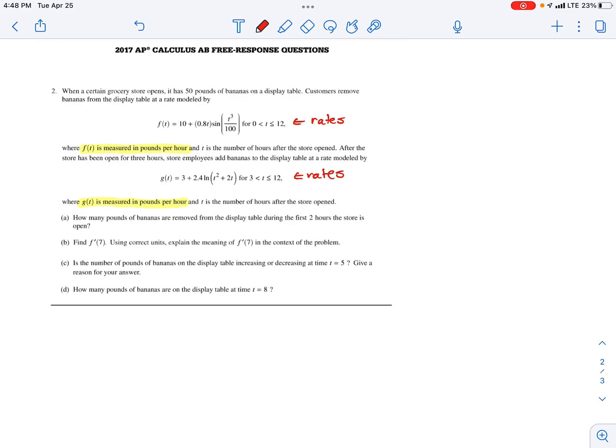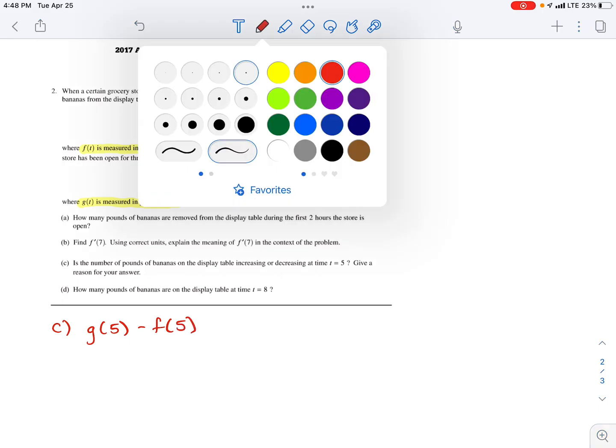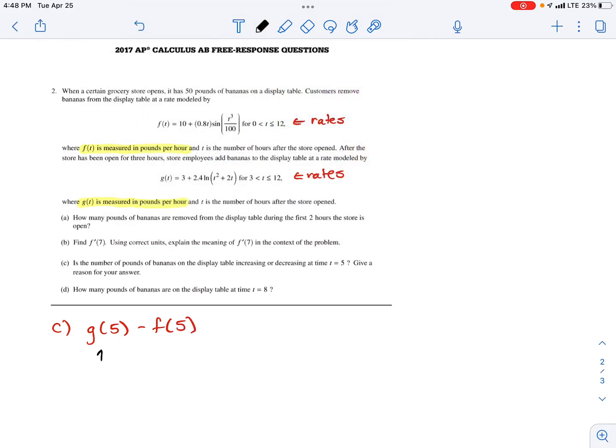Okay. So for C then, I'm going to consider G of 5 minus F of 5. Okay, because G represents added, right? The rate at which the bananas are being added.